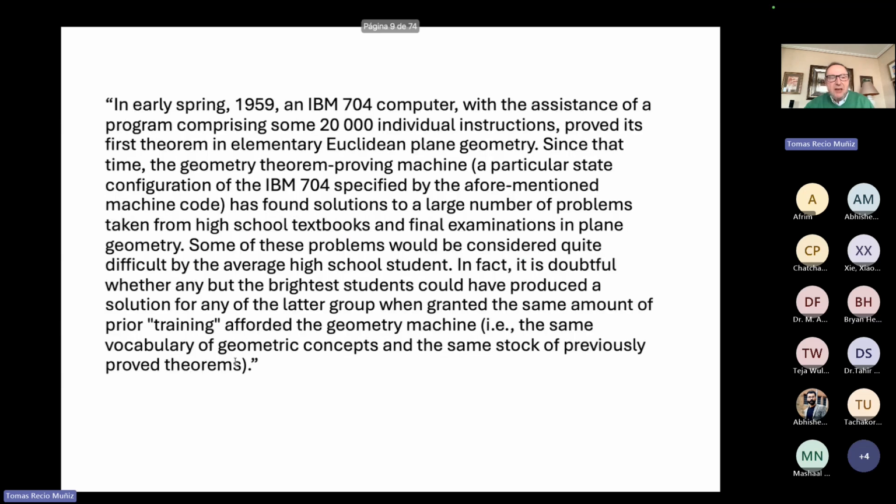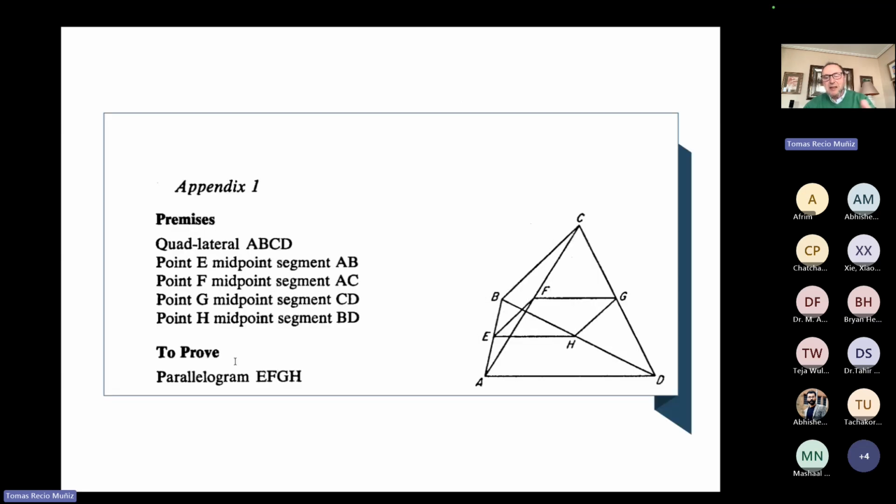This is one of the statements made by Gelernter in 1959. So it was the first attempt. This is the statement he was trying to prove, and you can see you need to prove that this is a parallelogram. I am not going to go into details because you can have these slides available.